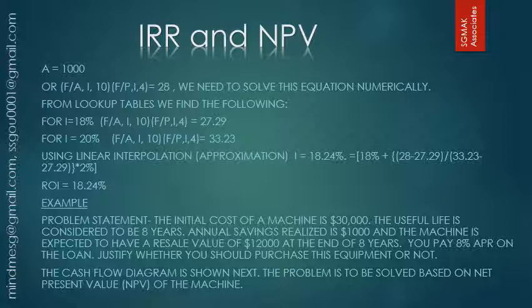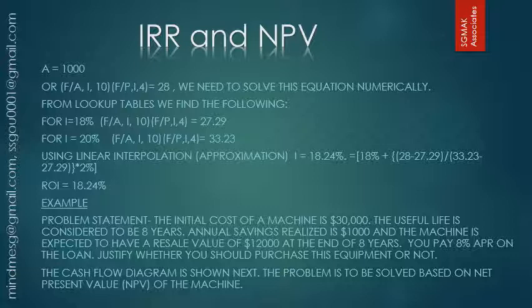The initial cost of a machine is $30,000. The useful life is considered to be 8 years. Annual saving is $1,000, and the machine is expected to have a salvage value, resale value, of $12,000 at the end of 8 years. You are paying 8% APR on the loan.